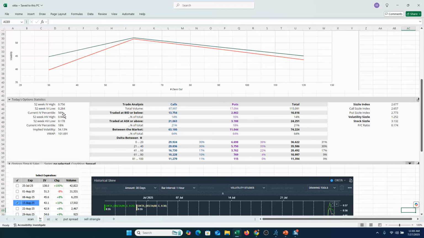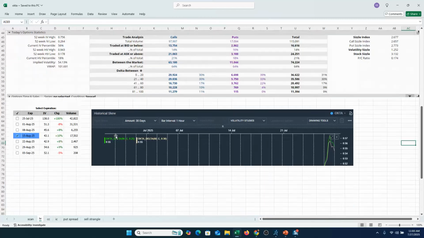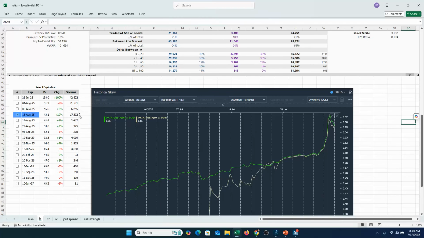Given the fact that the VIX is nearing yearly lows, it makes it even more important that IV is so high here. You can see here's that big volume. August, certainly the Julys we can kind of disregard. Normally you're seeing these very short-term options get the most volume as the big speculators rush in, but out to August you can see the vol jump there as well, and at later months as well.